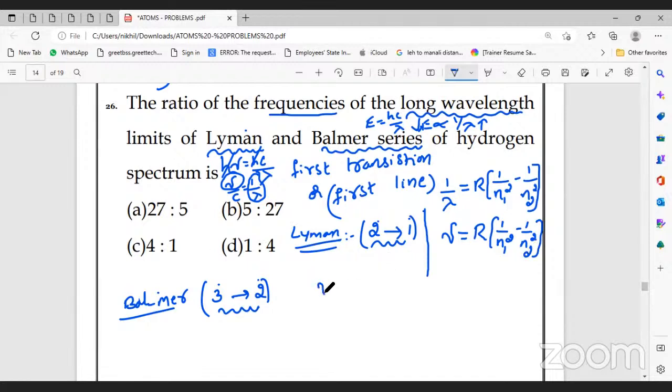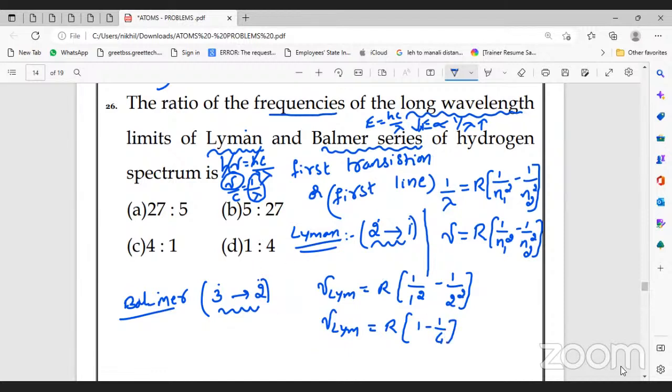Now, can you write the frequency for the Lyman series? R into 1 by 1 square minus 1 by 2 squared. Nu Lyman is equal to R into 1 minus 1 by 4, which is R into 3 by 4.